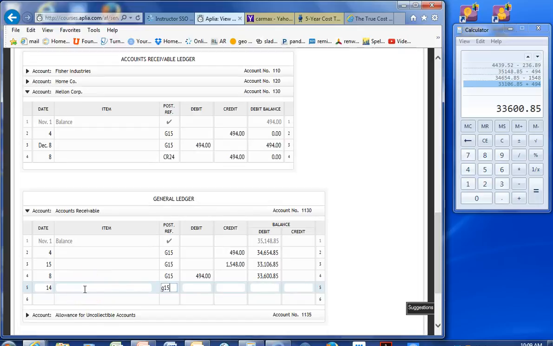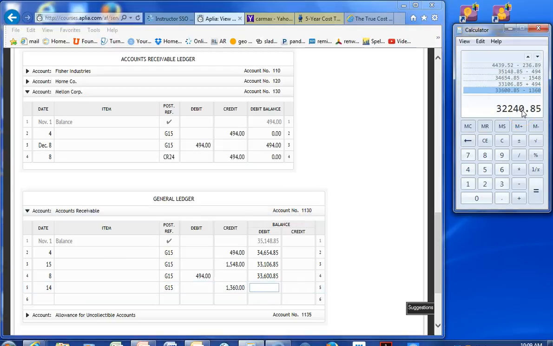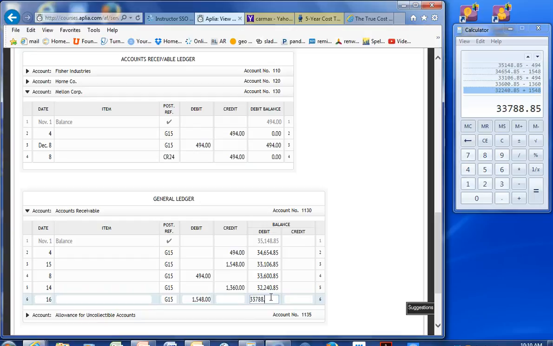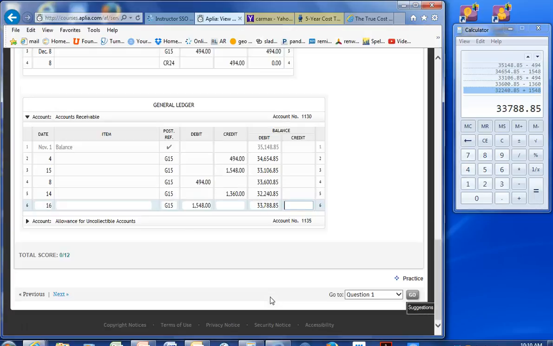Spelled wrong. 1360, subtract that. 32240. And then they paid theirs off, so add that back. 3378885. Okay, we aren't done yet.